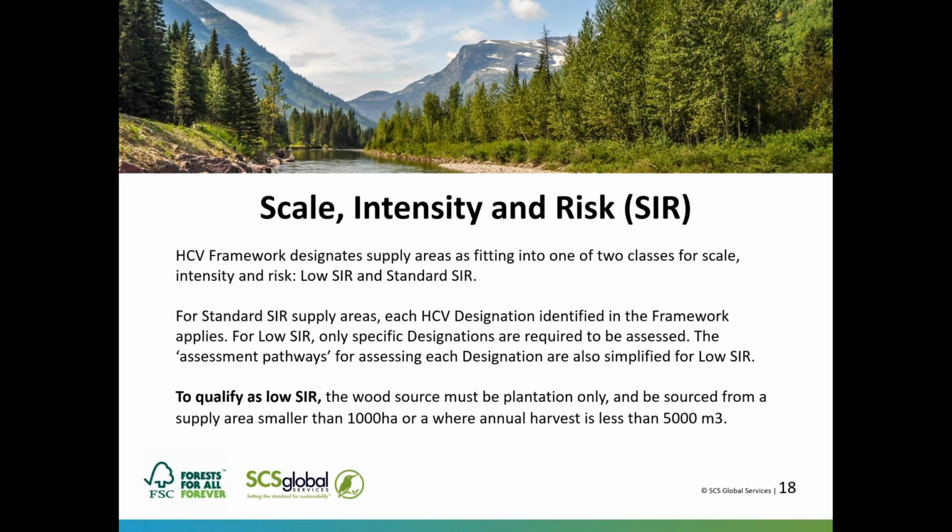The reason for this is that we don't have situations where, oh well, the stakeholder consultation, we tried it last week and they haven't gotten back to us, and then the operations have started, and then you're not going to have adequate evidence of conformance prior to the start of harvesting.